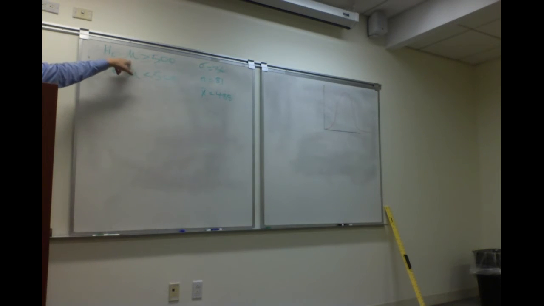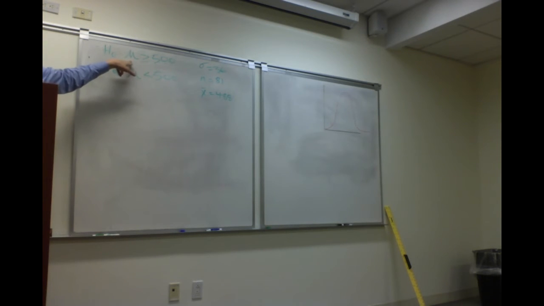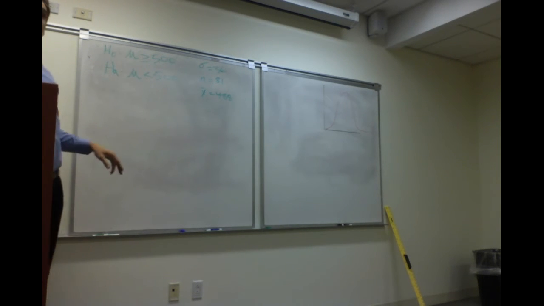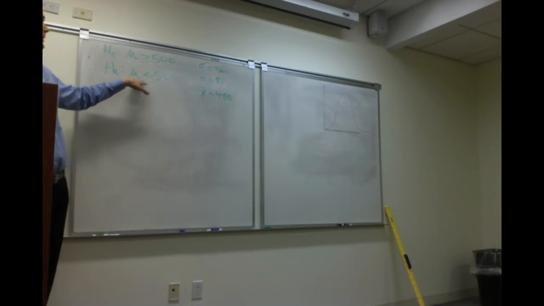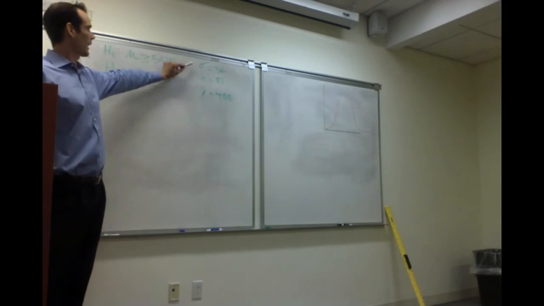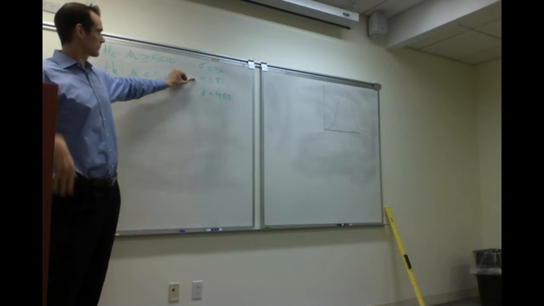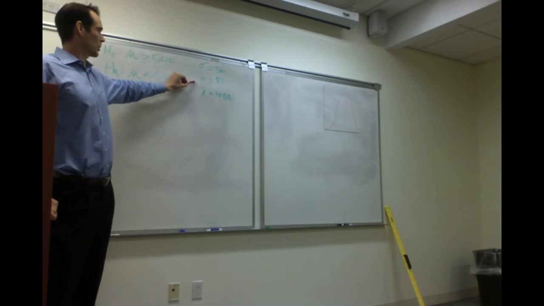But I'm going to set up a hypothesis where I'll say you're doing that or even better, and I'm going to assume that's true. And I'm going to collect some sample data and see if it warrants proving that you download significantly less than 500. We take a sample of 81 download sessions.